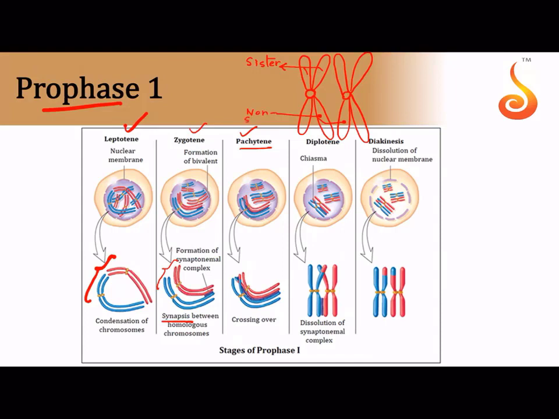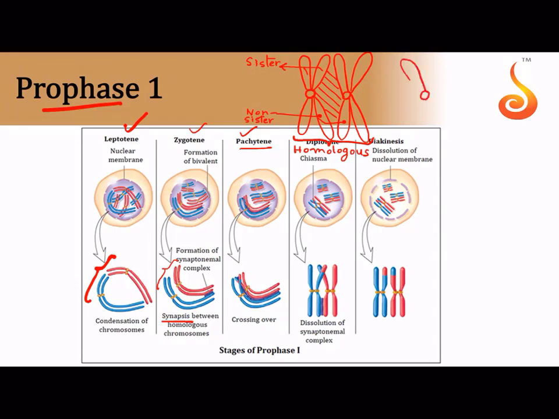We would call them non-sister chromatids. They come together and form a pair, held together by a protein complex called the synaptonemal complex. Why do they form a pair? Because they are genetically similar. Such pairs are referred to as homologous pairs of chromosomes.